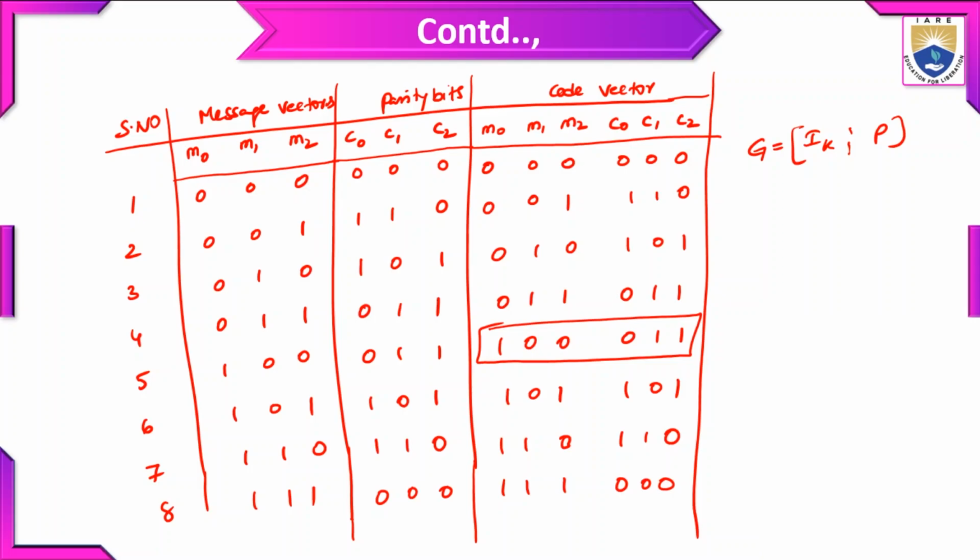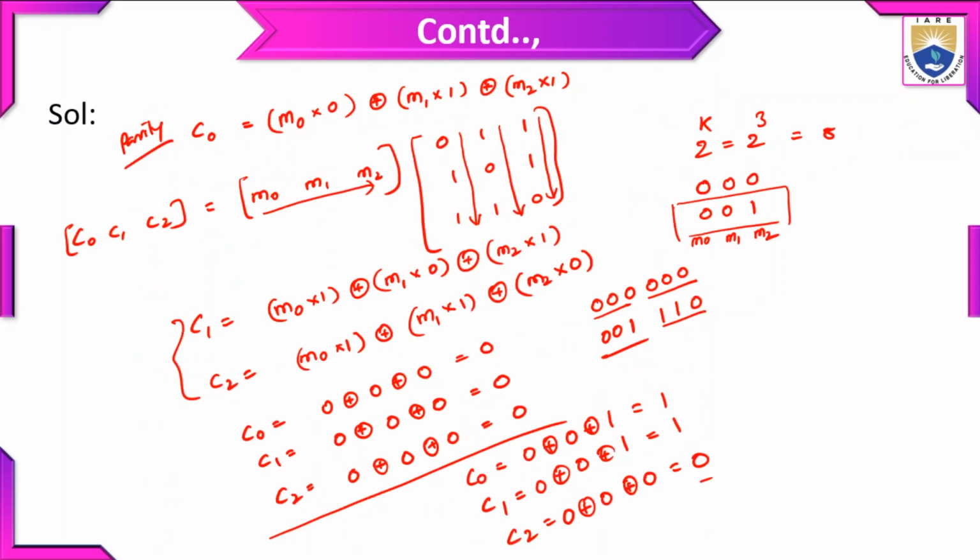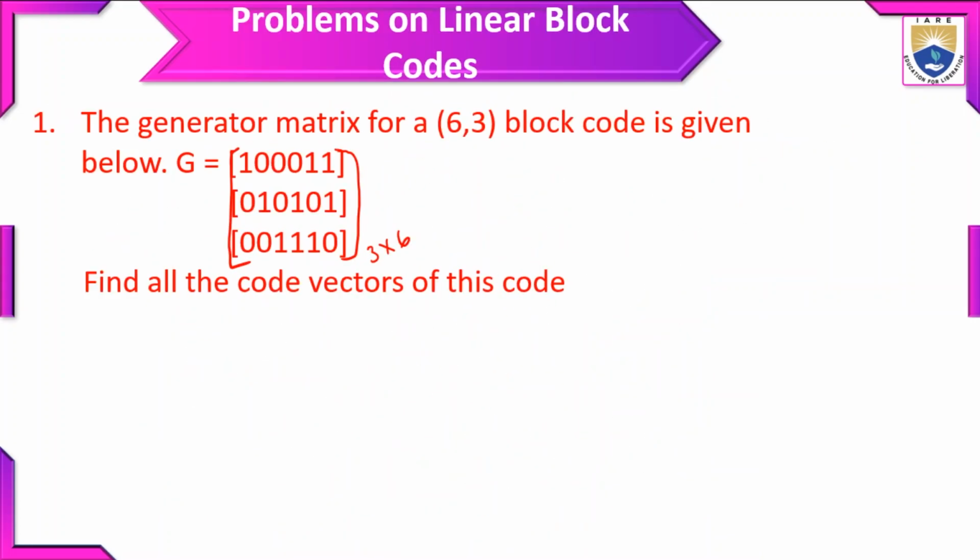Here my code size is 6 bits. Why? In the problem they gave a 6,3 block code, the generator matrix for a 6,3 block code. So your aim is to generate a block code of size 6, having 6 code bits in my code.